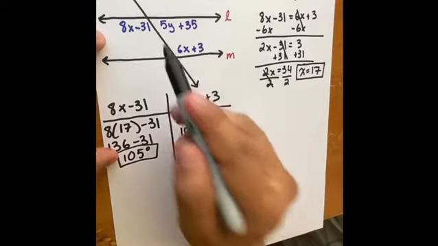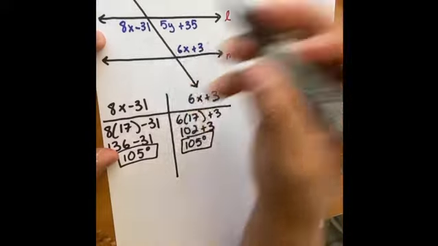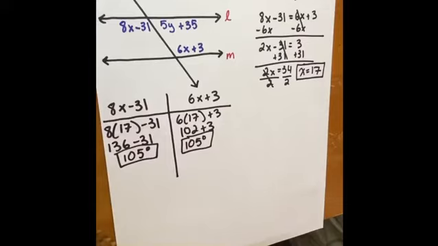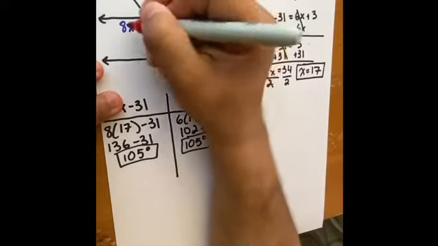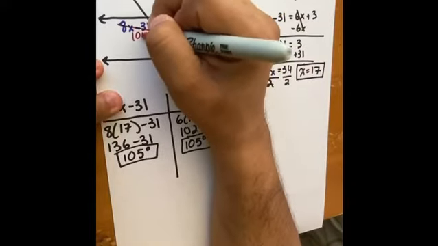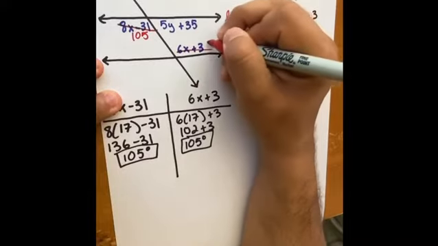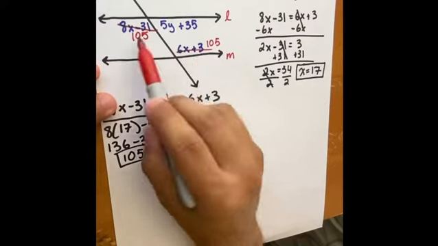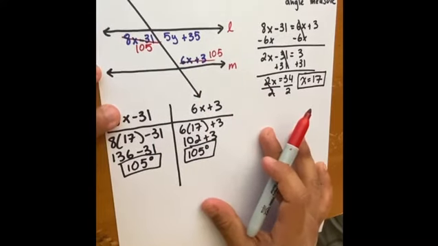All right, so these two angle measures are going to be 105 degrees. So with a different permanent marker, I'm just going to say that this angle measure is 105 and this angle measure is 105. It is no longer an expression because we know that these two angle measures are 105 degrees.